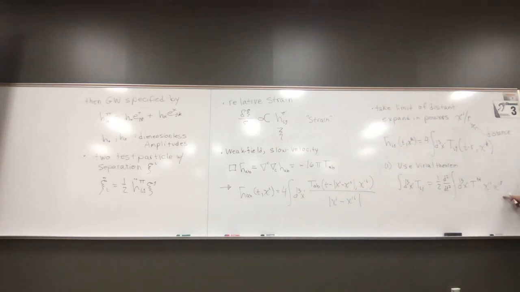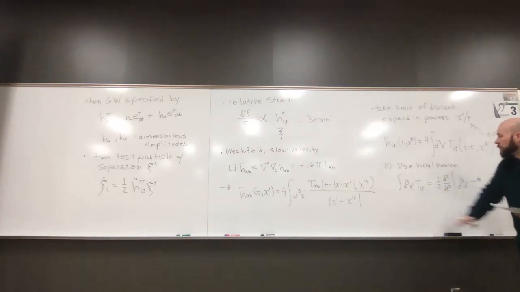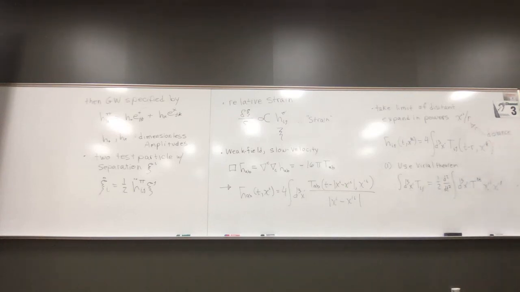This is the second spatial moment of the time component of the stress energy tensor. The second time derivative of that is equal to the volume integral of the stress energy tensor. That's the virial theorem.